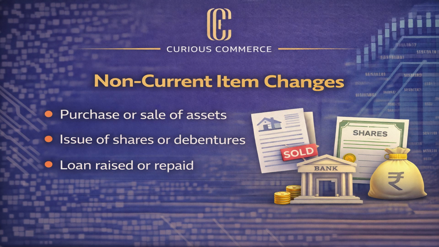Let us understand the most important one: purchase or sale of fixed assets. When a company buys machinery, land or building, cash or funds go out. It is an application of fund. Sale of fixed assets: when a company sells machinery or building, cash comes in.